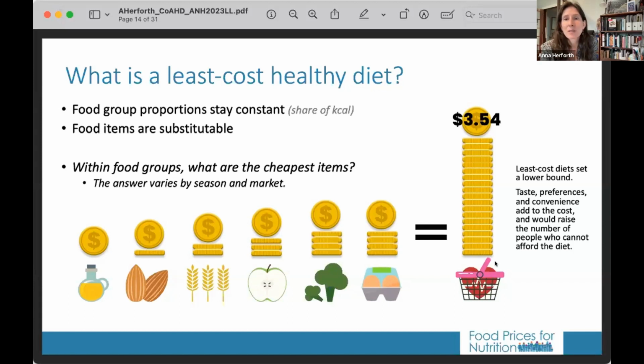If we were to imagine people selecting other foods based on taste or preferences, convenience, this would add to the cost. And so this is really the kind of price floor in terms of the minimum cost of a healthy diet, beyond which many other considerations could be added that would increase the cost.